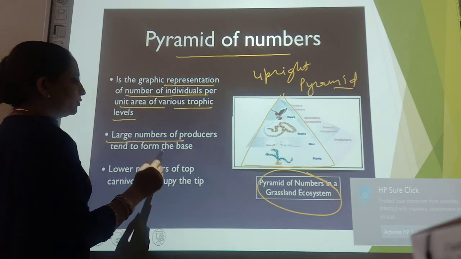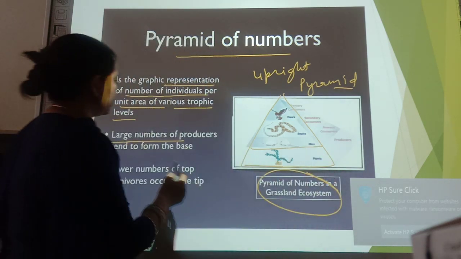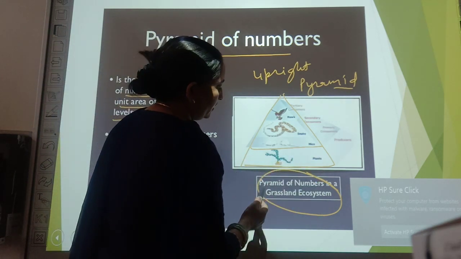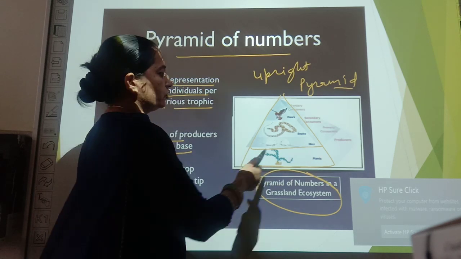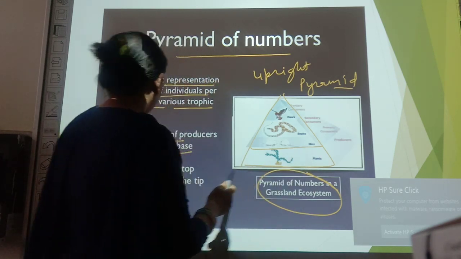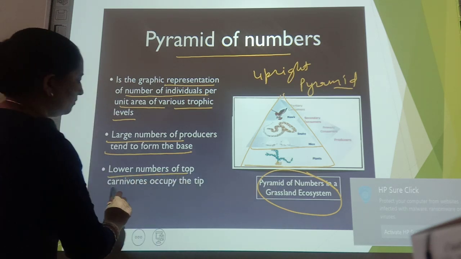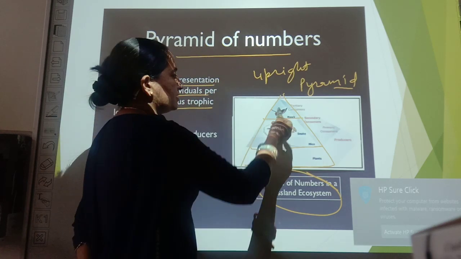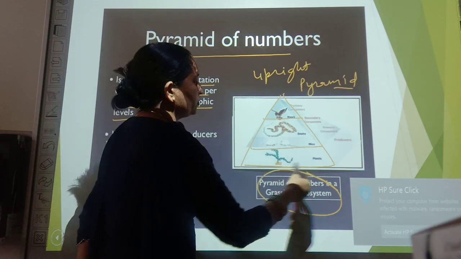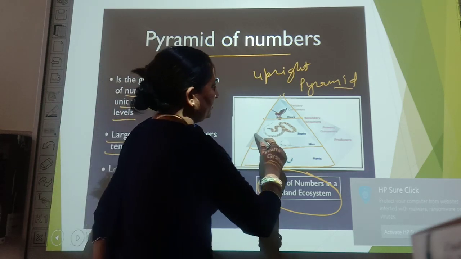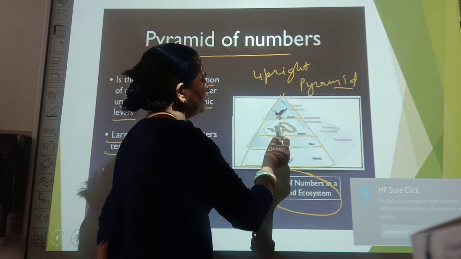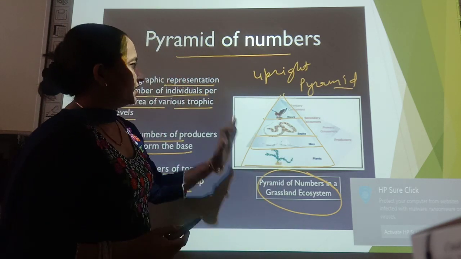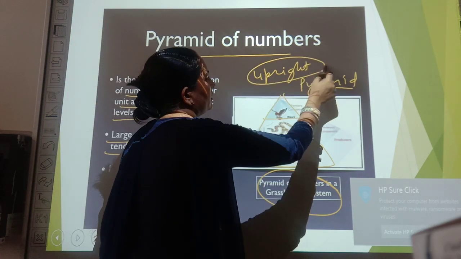A large number of producers tend to form the base, and there are many plants which occupy the base position, and a lower number of top carnivores occupy the tip. This tip is narrower because producers are large in number compared to the herbivores, and in turn the carnivores and top carnivores. So that's why an upright pyramid is formed.